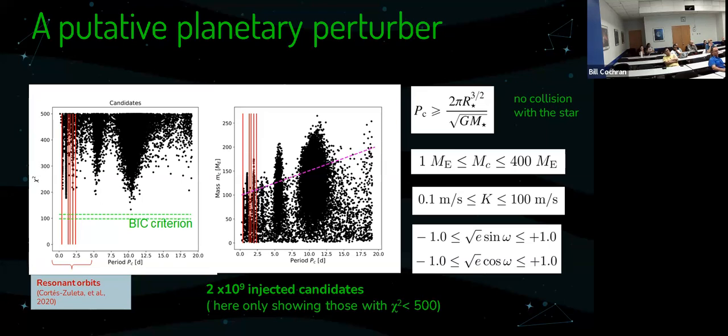And these horizontal green lines say that if you want weak or strong evidence that your model with 2 planets is better than your model with 1 planet, you need a chi-square below these 2 lines. This line here is the weak evidence line, and this is the strong evidence line.